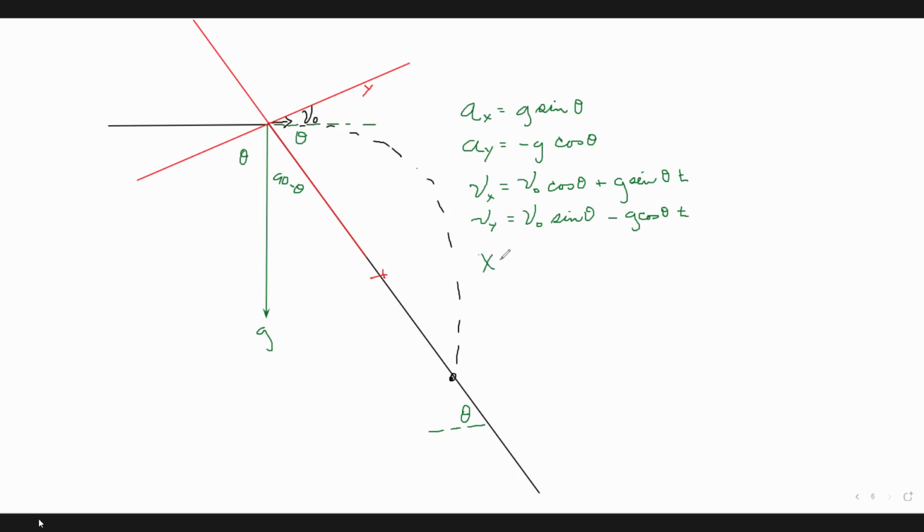So x is equal to x0, which is 0 because it's right here at the origin, plus v0 cosine theta times t plus 1/2 g sine theta t squared, and y is equal to v0 sine theta t minus 1/2 g cosine theta t squared. Okay.